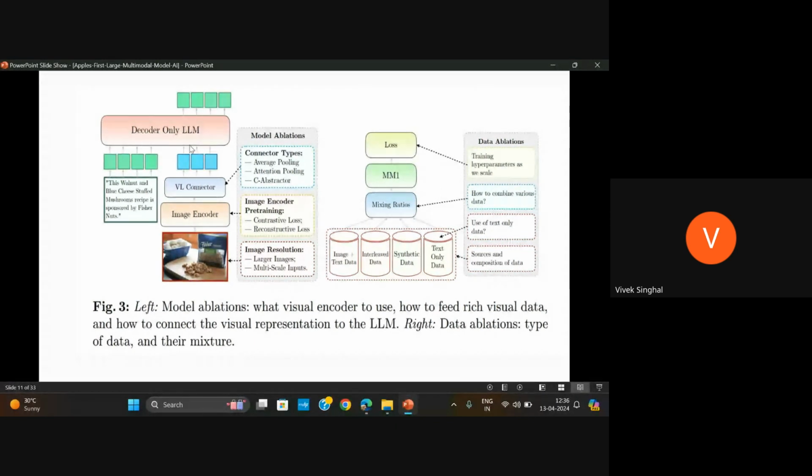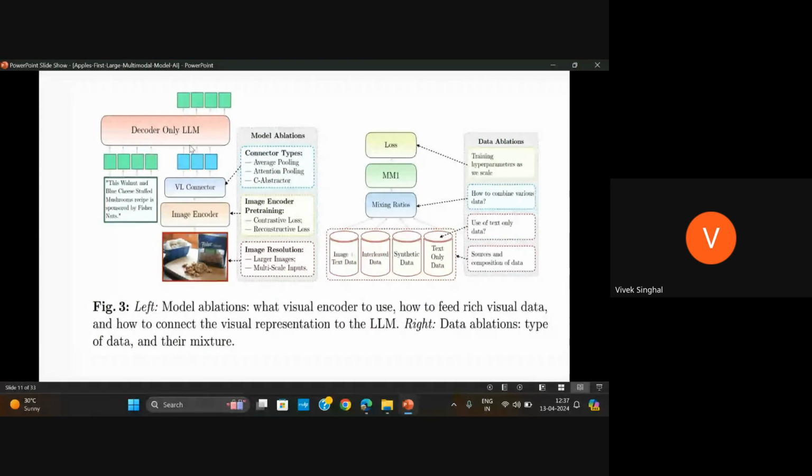See, essentially, CLIP was always there, right? CLIP was an interpolator from text to image, image to text. But what Apple researchers have done to create a multimodal LLM is they said, let's try a more sophisticated technique compared to CLIP.